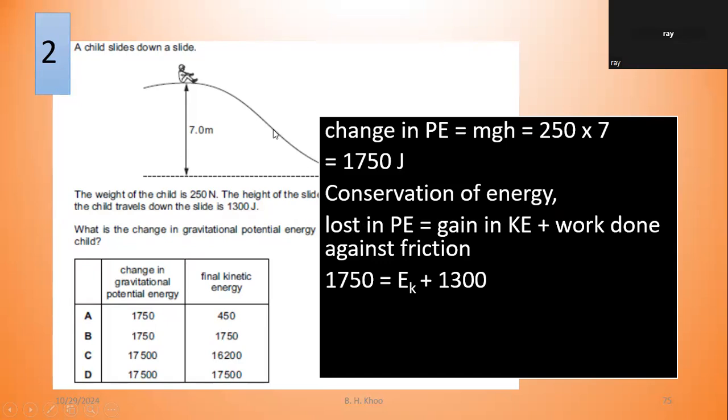The loss in potential energy when you move down from the top to the bottom, where does it go to? It goes to gain in kinetic energy and also work done against friction. Then put in your values: potential energy loss, work done against friction, then calculate your kinetic energy.